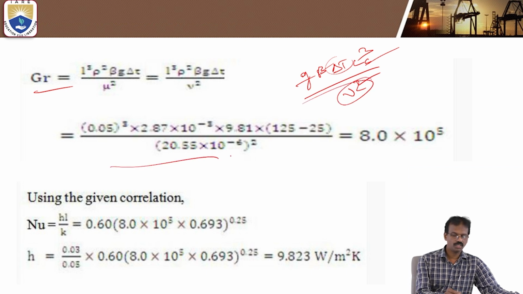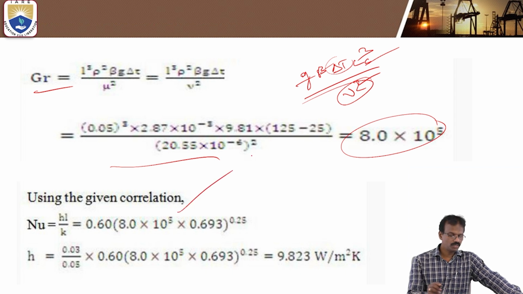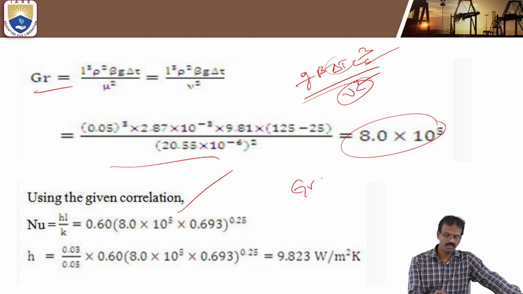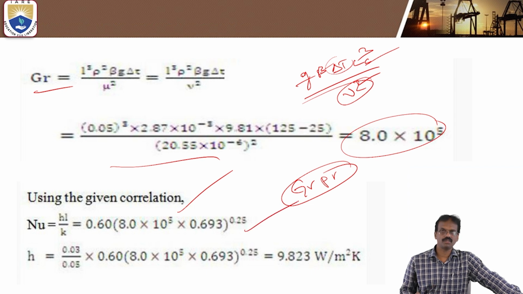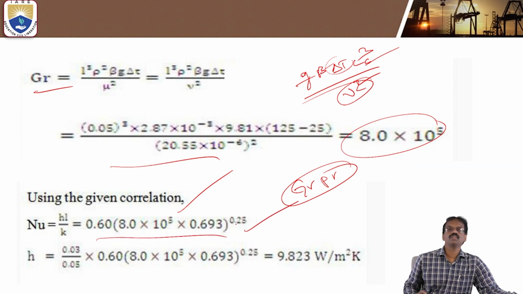If you substitute all the values, you will get the Grashof number. The Grashof number is equal to 8.0 into 10 to the power of 5. Okay. So by using this correlation, you have to find out Gr Pr. By using the product of Gr Pr, we can take the Nusselt formula. This one is already given in the numerical.